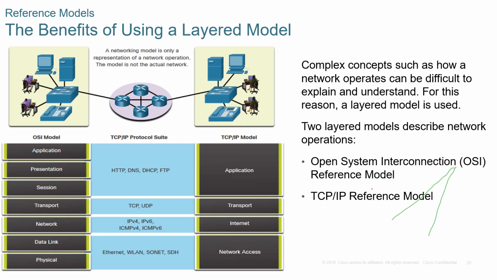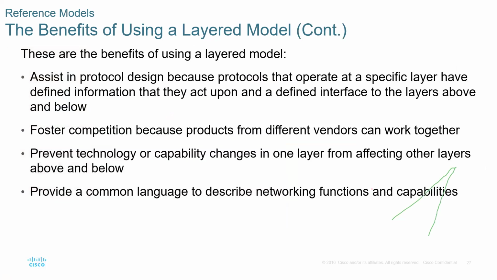Complex concepts such as how a network operates can be difficult to explain and understand. For this reason, a layered model is used. Benefits of using layered models: they assist in protocol design, because protocols that operate at specific layers have defined information that they act upon and a defined interface to the layers above and below.